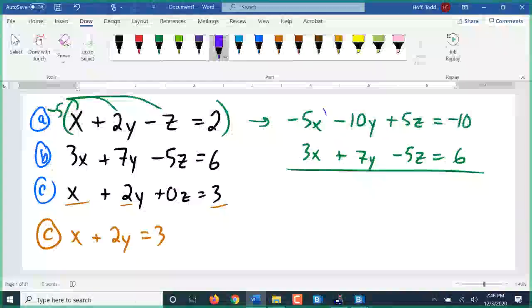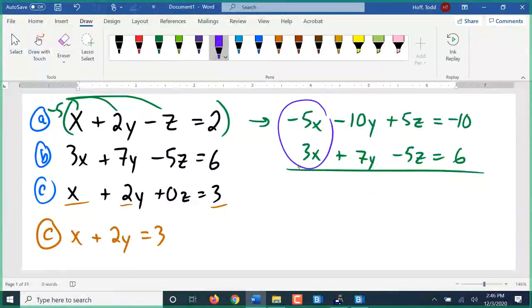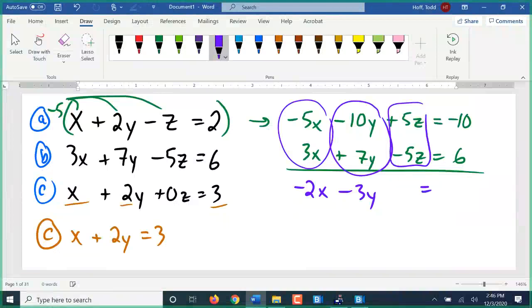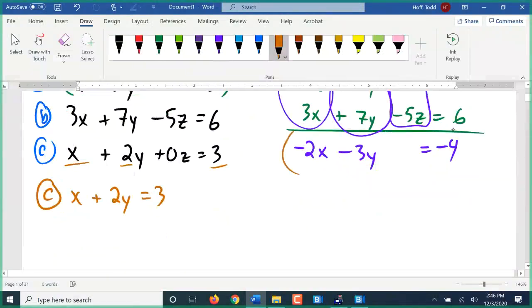So let's combine them. Negative 5x and 3x make a negative 2x. Negative 10y and 7y is a negative 3y. 5z and negative 5z is 0z, so that cancels out. Negative 10 plus 6 is a negative 4. Now, all of those are negative. So what I'm going to do is multiply that by a negative 1.